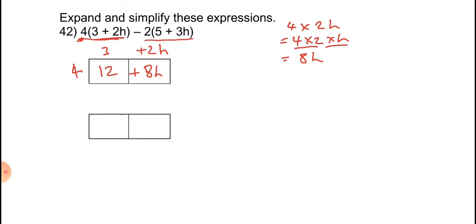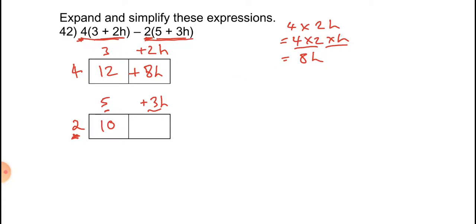Now for the second bracket I can see 2 outside the bracket, so the 2 comes here, and the 5 plus 3h, which is inside the bracket, just comes on the top here, 5 plus 3h. So 2 times 5 is just 10, and then we'll do 2 times plus 3h.